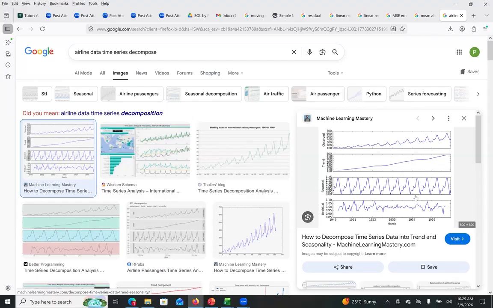Control C, control V. The reason is that that is the definition of the seasonality component. The seasonality component should repeat itself. And whatever the variation is there, that is going to be absorbed by the error, sorry, randomness.